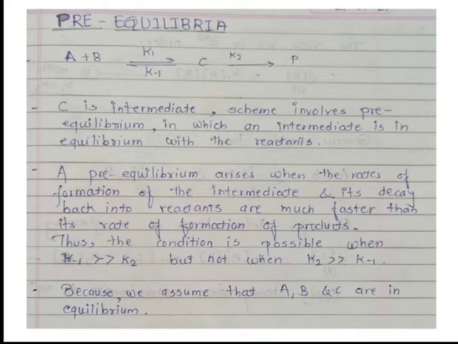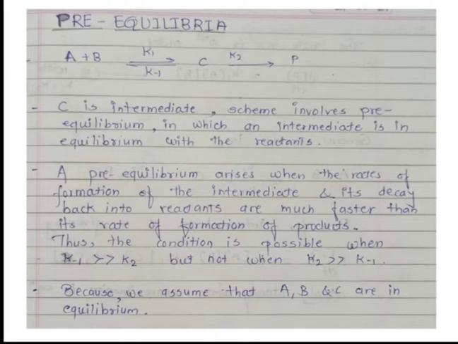Thus, the condition for pre-equilibria is K minus 1 is much greater than K2, because when K minus 1 is much greater than K2, there is an equilibrium between the reactants and the intermediate. When K2 is much greater than K minus 1, the forward reaction proceeds and there is no equilibrium.